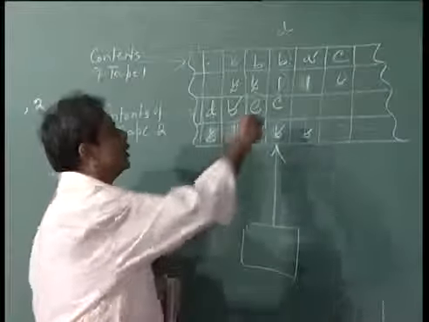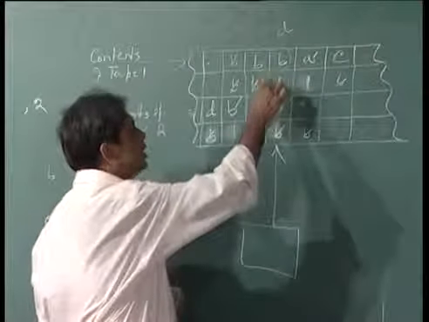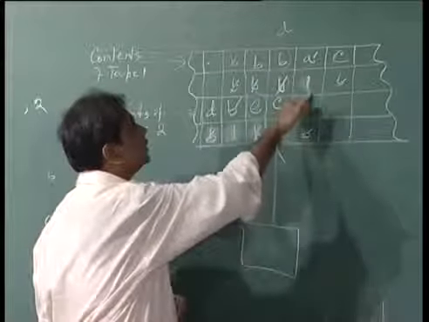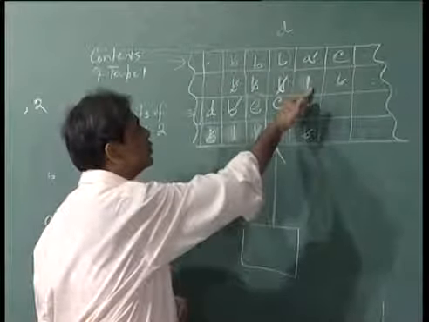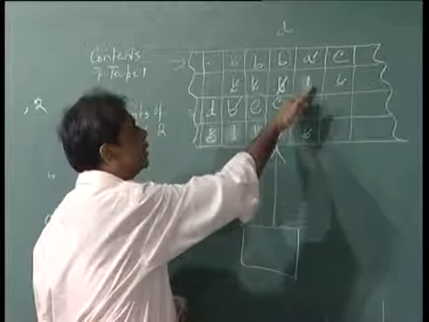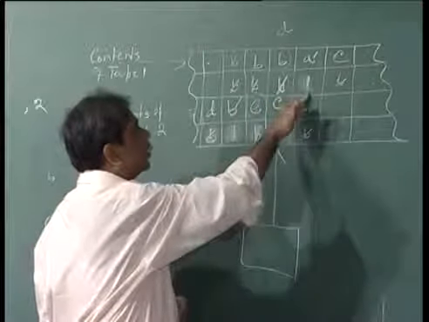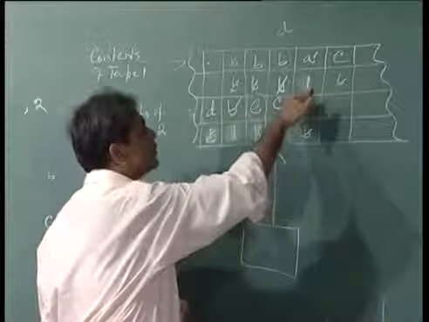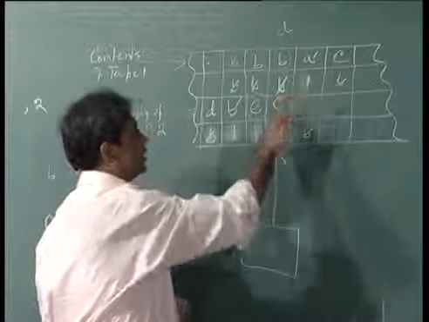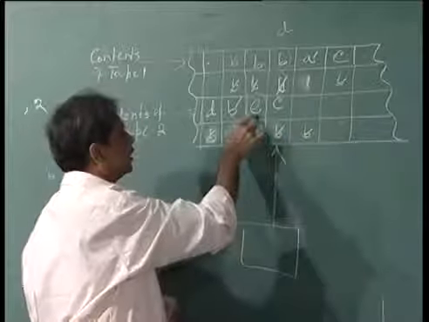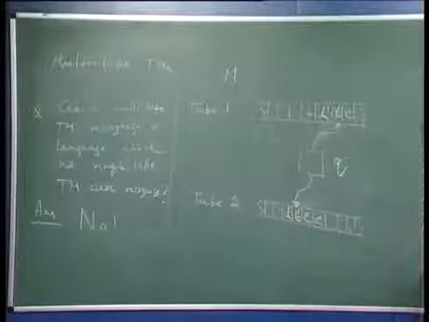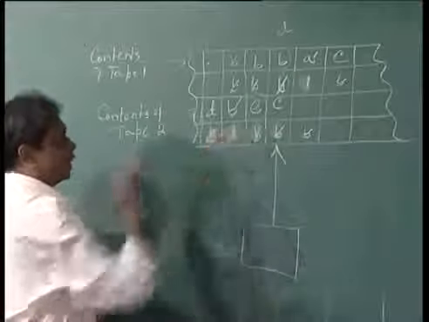So, therefore, what was 1 here, that is made blank, and since its head is supposed to move one step to the right, the 1 in this track will be positioned to the next. And similarly, since this head was moving to the left, this will come here.